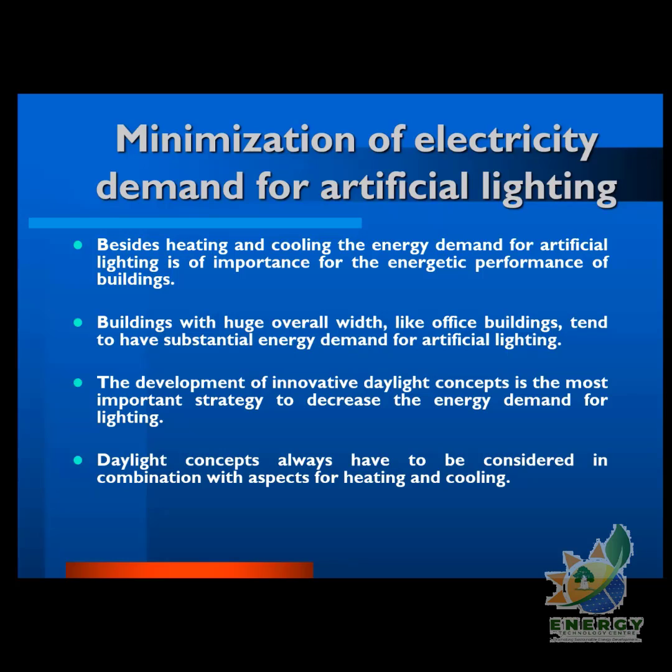Therefore, development of an innovative daylight concept is the most important strategy to decrease energy demand for light. A daylight concept always has to be considered in combination with other aspects.